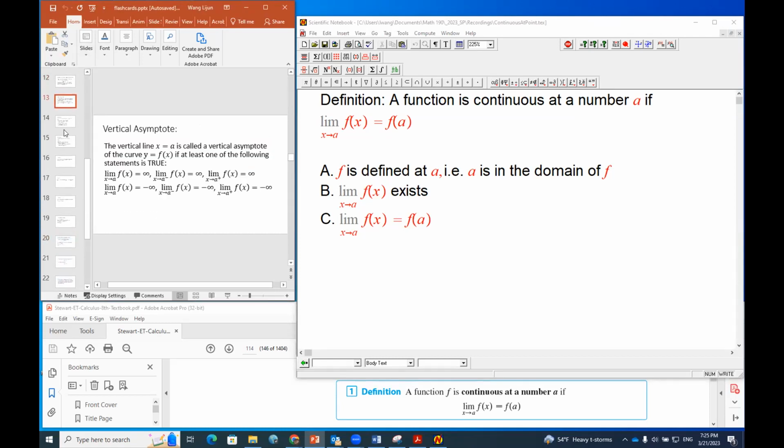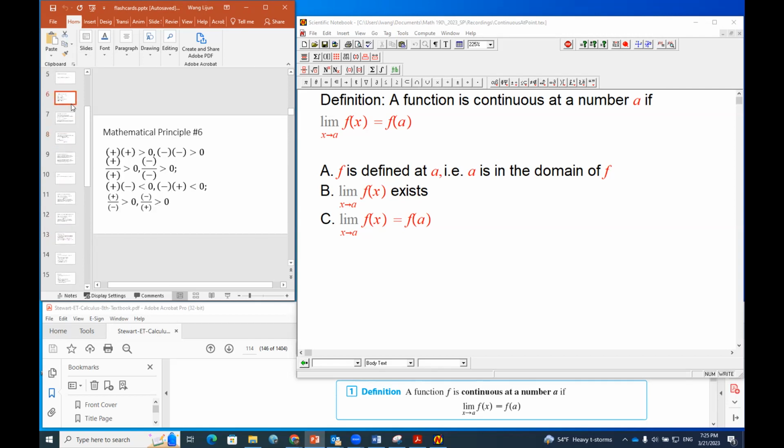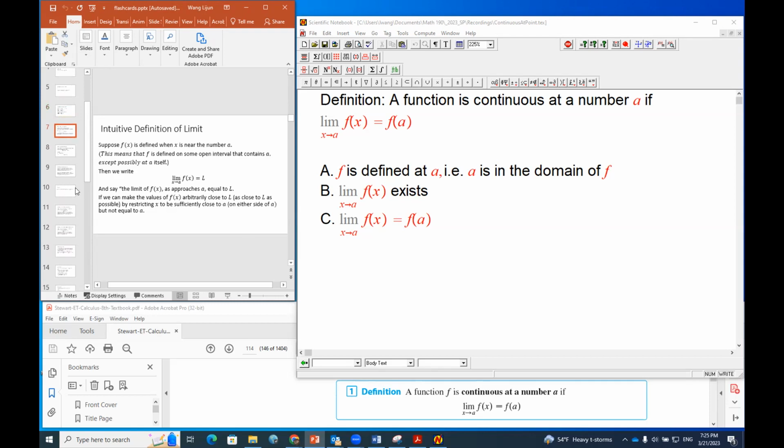Here is the intuitive definition of limit. Suppose f of x is defined when x is near the number A. This means that f is defined on some open interval that contains A, except possibly at A itself.